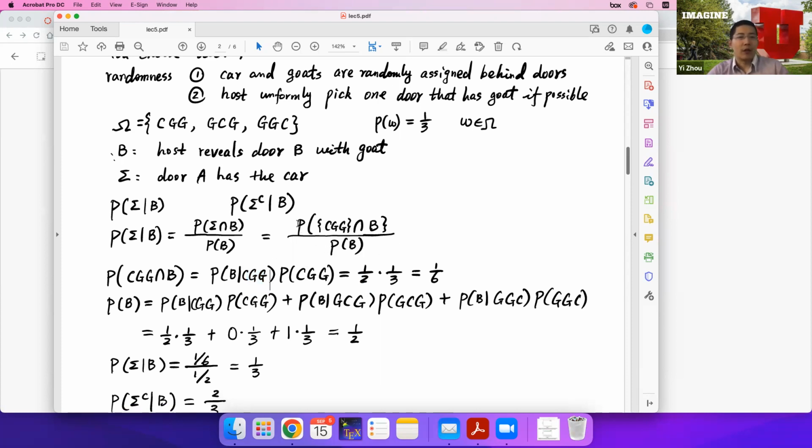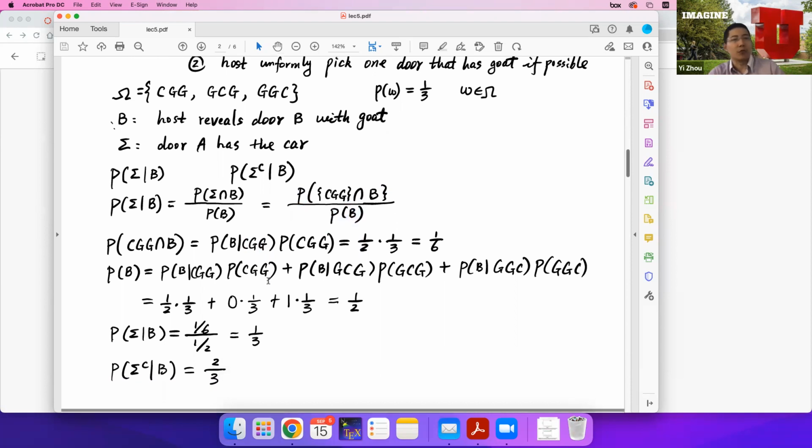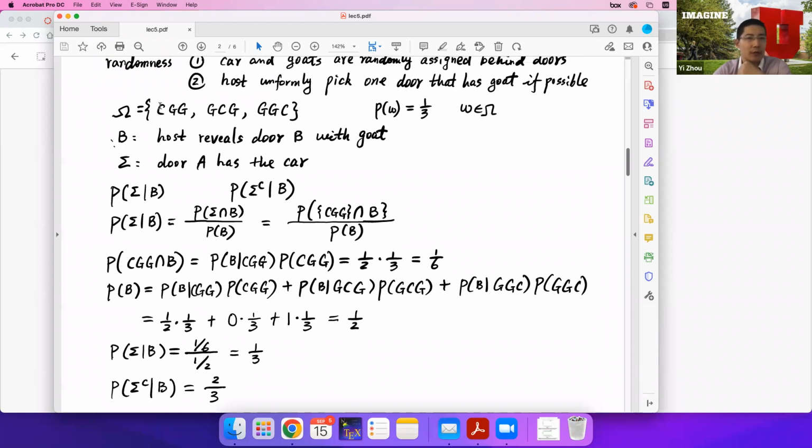So this gives the numerator, and for the denominator, by the Bayes rule, we can decompose this event by conditioning on three partitions of the entire omega space. The entire omega space, these three outcomes naturally form a partition. So we can decompose it using the partition lemma.